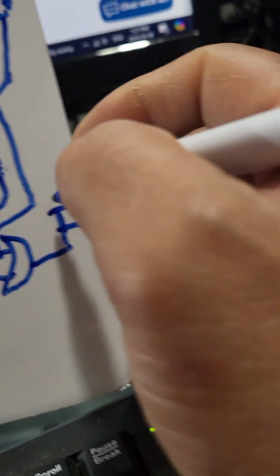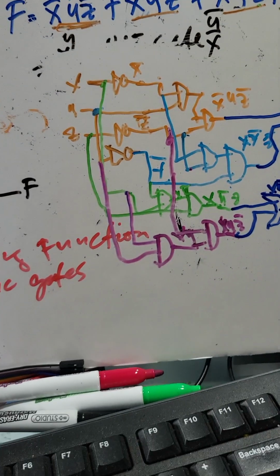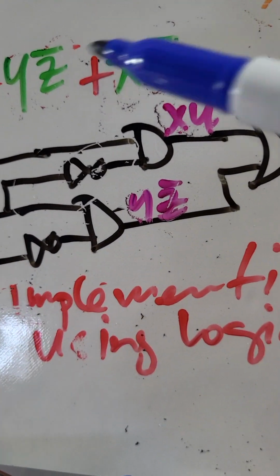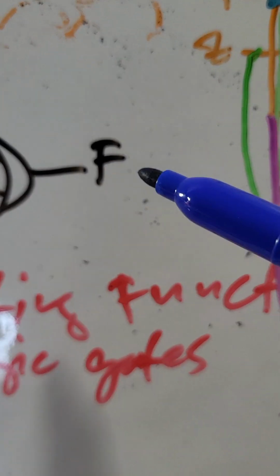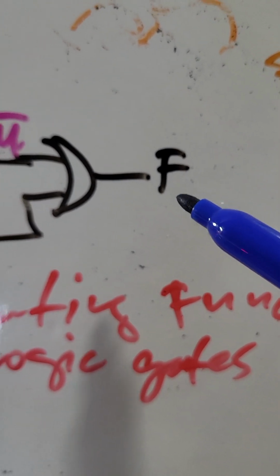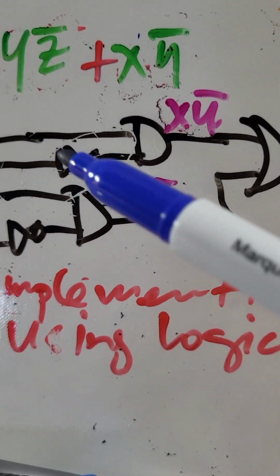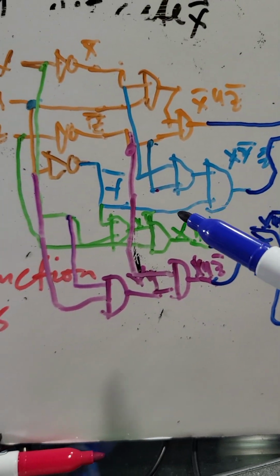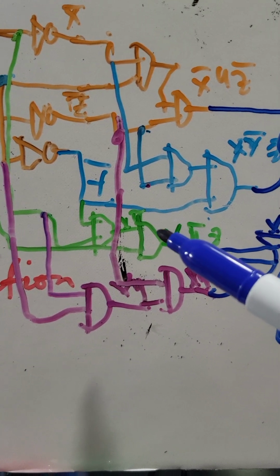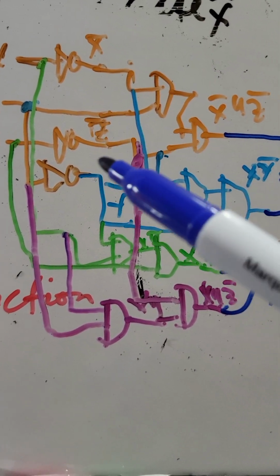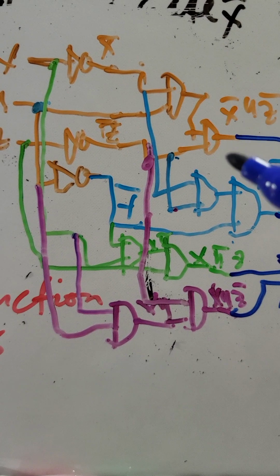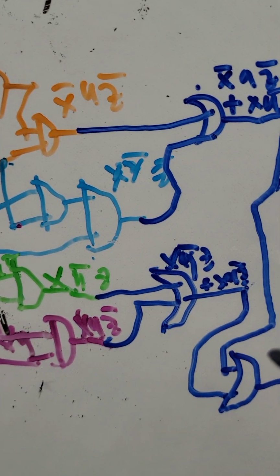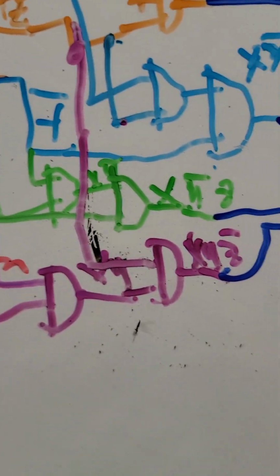Okay, so compare this combination of gates to this one, same output, guys. Only 1 2 3 4 5 gates, and this one, how many gates did we use? We limit only to 2-input gates: 1 2 3 4 5 6 7 8 9 10 11 12 13 gates.